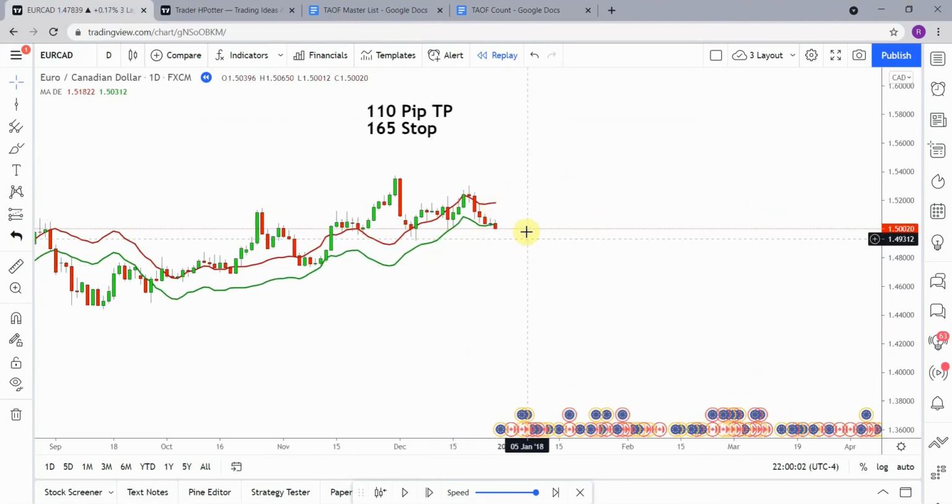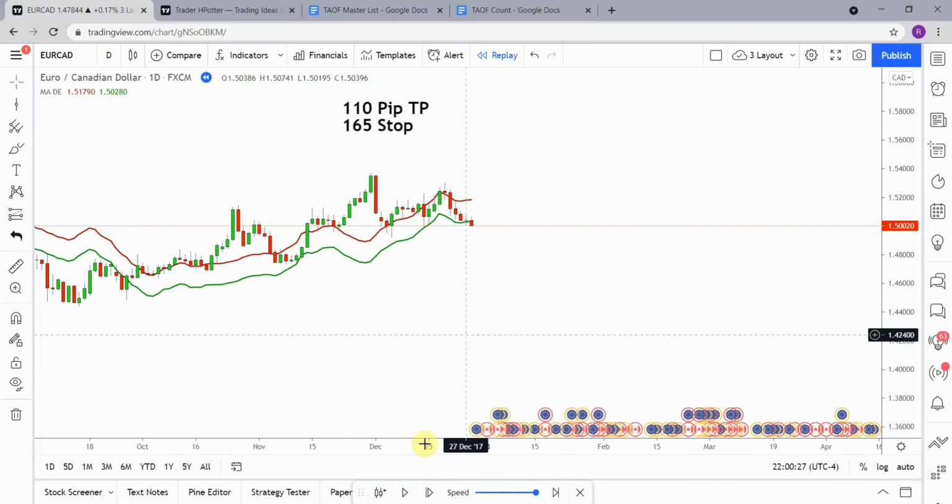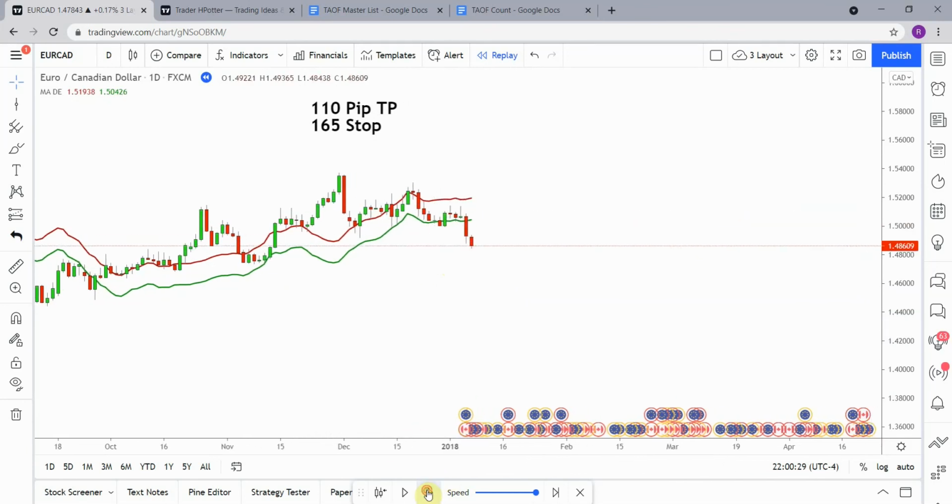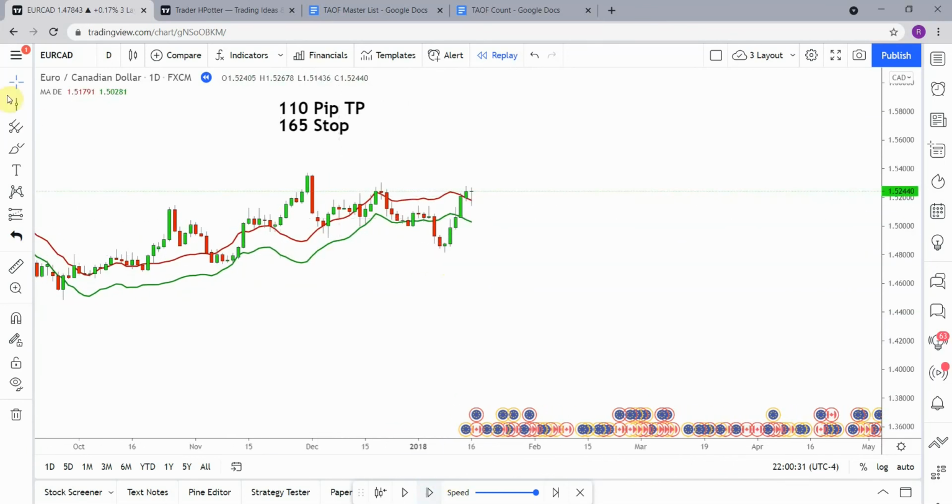When we get a price action break to the downside of the bottom moving average, then we are going to go short. When we get a price action break to the upside of the upper moving average, then we are going to go long. So not much to it. Let's go ahead and get on with the testing and see what we can get out of this.